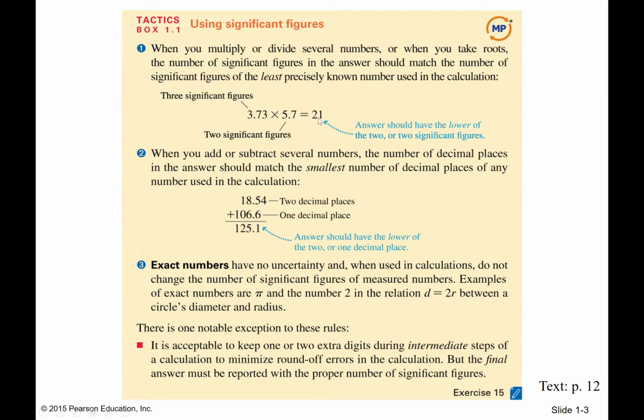That is as good as this is going to be. You're not going to have more than 2 significant figures because that's what you had here. There is a similar rule for addition, but in general, the idea is that you can never have more significant figures than you started with.